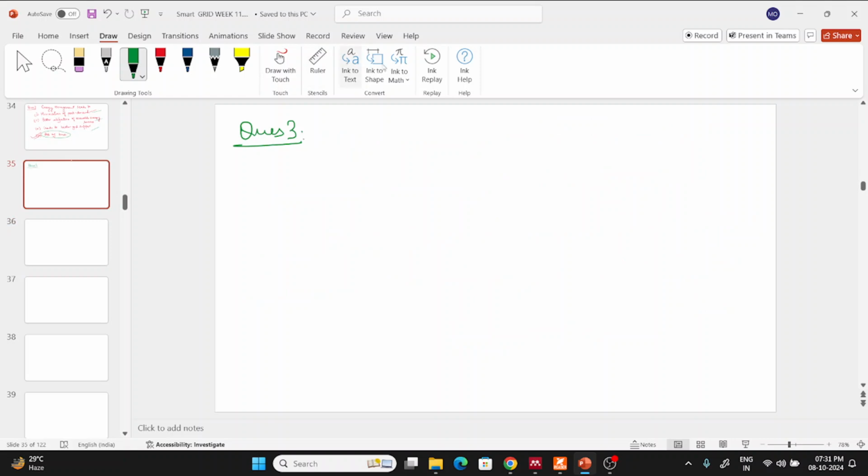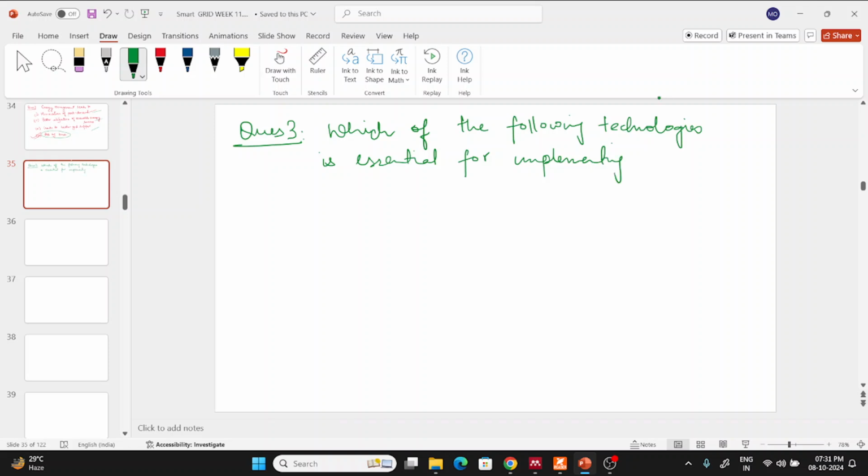Question number 3. Which of the following technologies is essential for implementing the demand response in a smart grid?